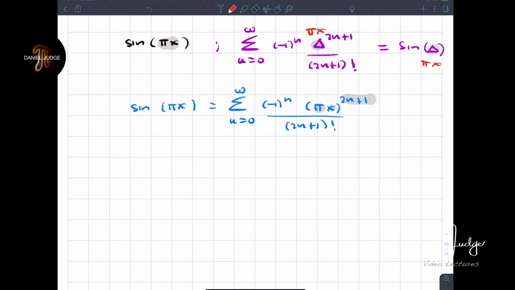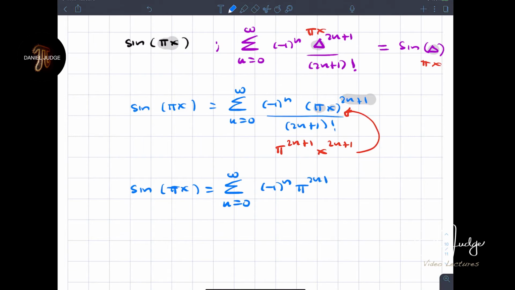This is going to be replaced with pi^(2n+1) x^(2n+1), this portion right here. So your final answer is sine pi x becomes the sum n is 0 to infinity, (-1)^n, pi^(2n+1) x^(2n+1), everything over (2n+1) factorial.